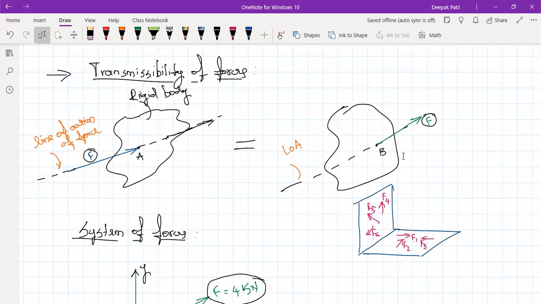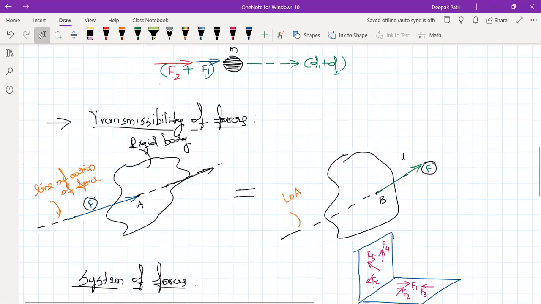What about transmissibility of forces? If a force is applied at one point, will the force come out from another point? No, I didn't understand your question. If force is applied on A, then the force will come out from C? No, it is not like force coming inside A or going out.